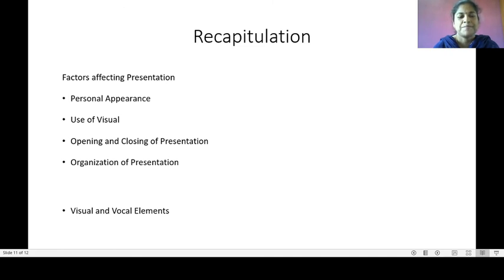One, personal appearance, where we saw a person should dress smart, in neat and clean clothes. Use of visuals: make use of pictures in the slides for the effectiveness of the presentation. Opening and closing of the presentation play a major role.